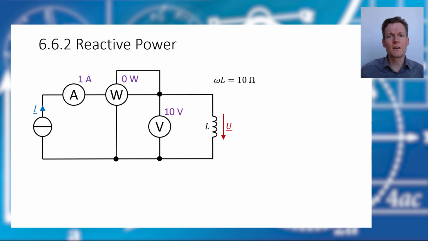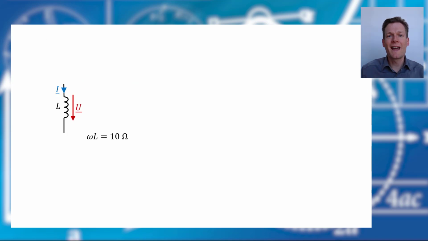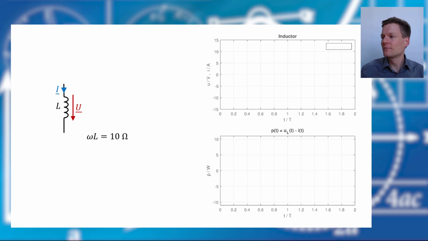Why does the watt meter show 0? We have a voltage of 10 volts, we have a current of 1 ampere, and the power is 0? Let's have a look what's happening in time domain. So again, we had our current, the RMS value was 1 ampere, and therefore the amplitude is square root of 2 times 1 ampere.